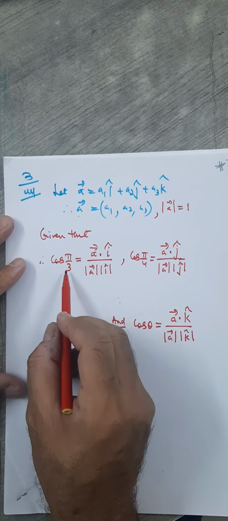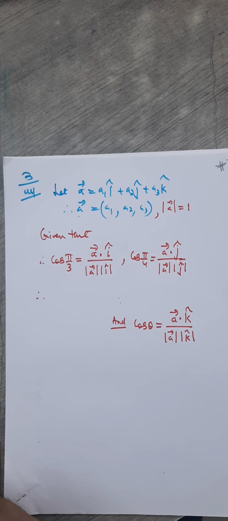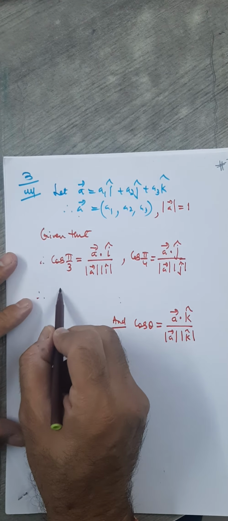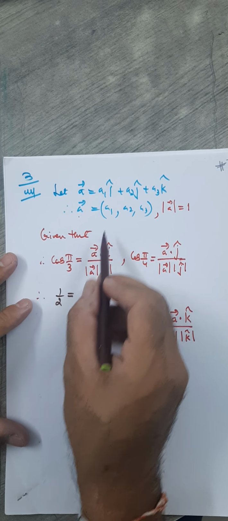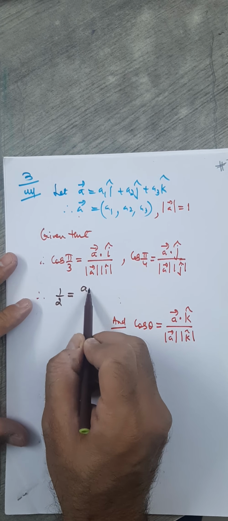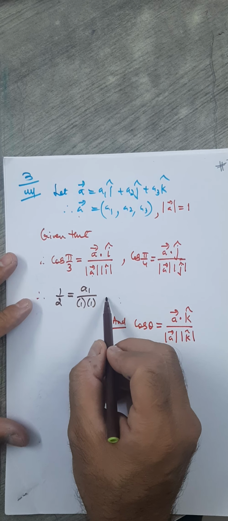So here if I come to this, what's cos pi by 3? You know, this is 1 by 2. What are the components of this one? A1, A2, A3. You take the dot product with i cap, so you'll get just A1. Magnitude of i cap is 1.